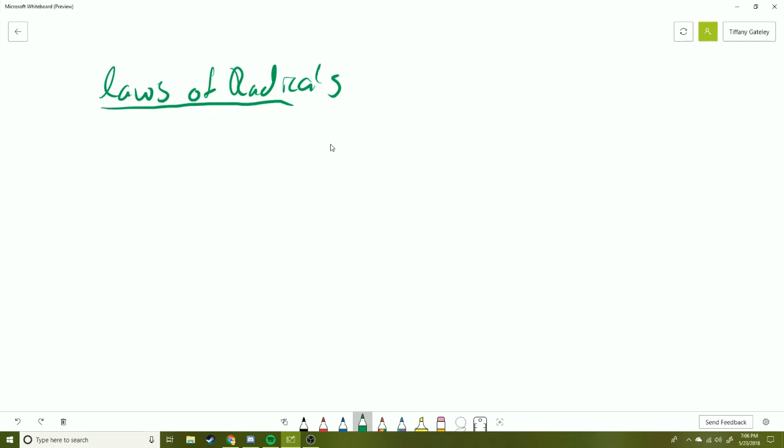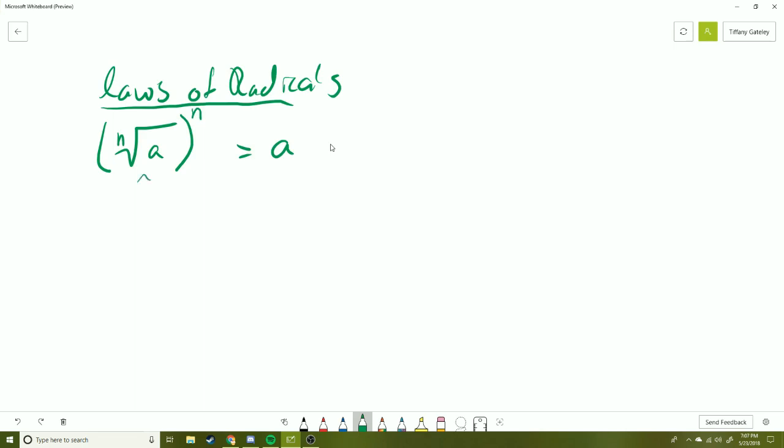So if you have the nth root of a raised to the n, that equals a. And this is because of your law of fractional exponents that we went over above.